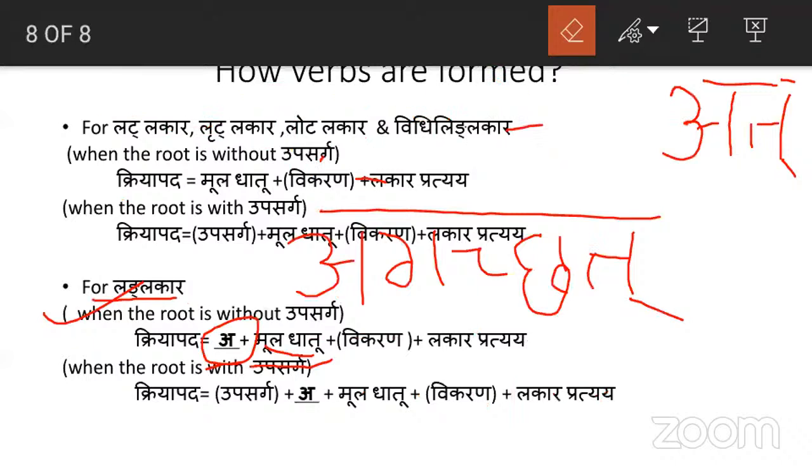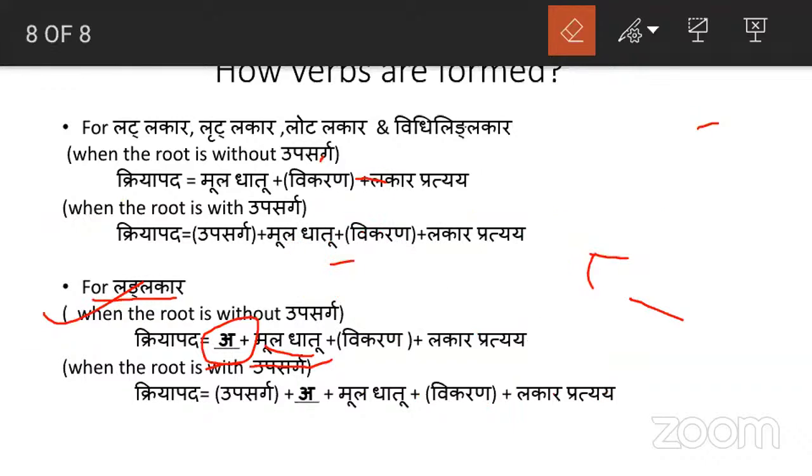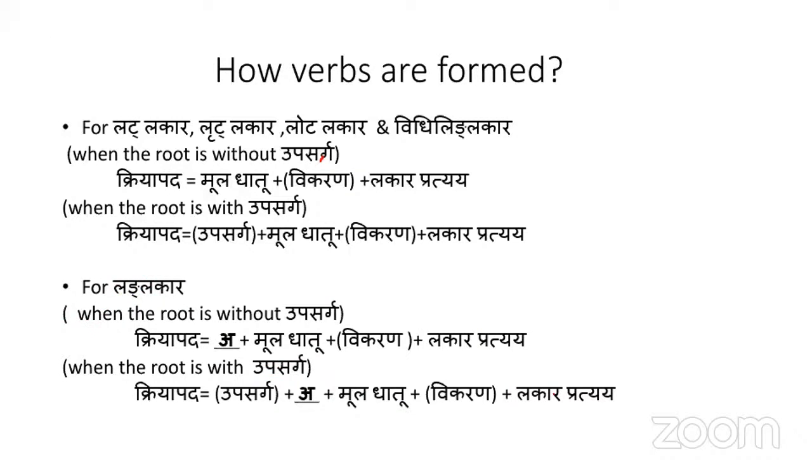That means when upasarga is there, how we can form the lakar kriyapad. Now see, when the root is with upasarga, the place of upasarga is first. After that you have to write a of lang lakar. After that basic root or mool dhatu plus vikaran plus lakar pratyay. See, it's very simple actually.